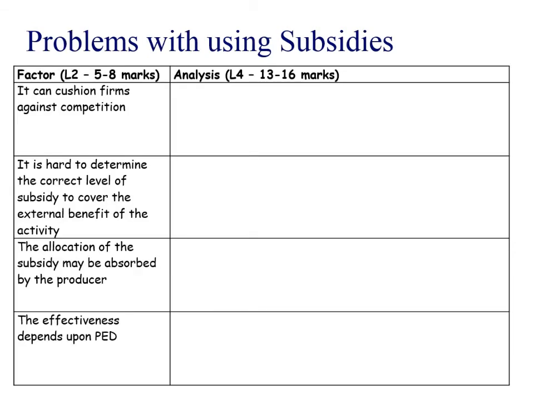In terms of problems, there's quite a few actually. Firstly, it cushions firms against competition. This is one of the big negatives of using subsidies, because subsidies would be decided on a government by government basis. The governments that are able to give bigger subsidies, because it's obviously going to be quite expensive, are richer countries, like the EU, like the US.